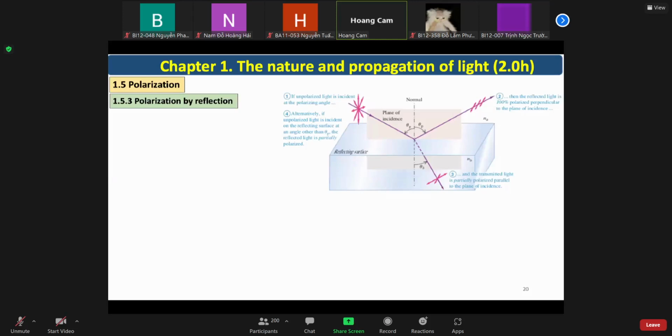Mention the direction of the oscillation of the electric field, of the vector electric field.